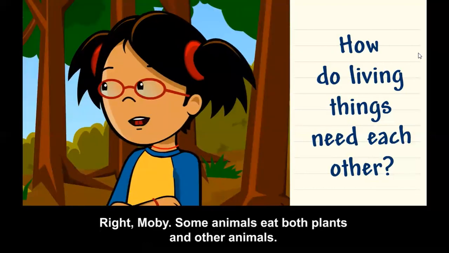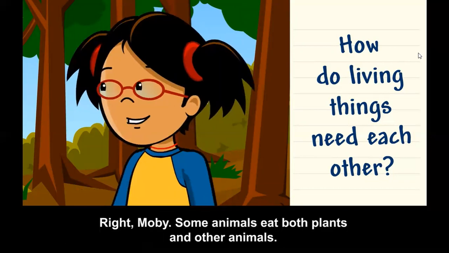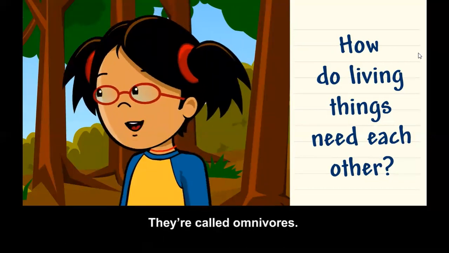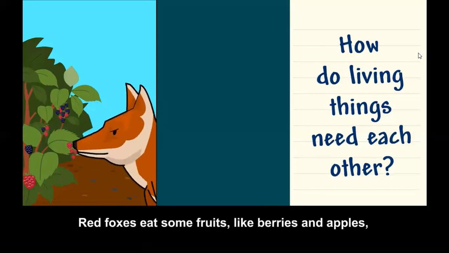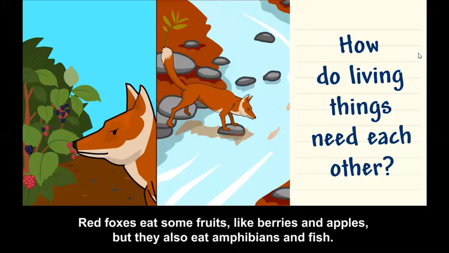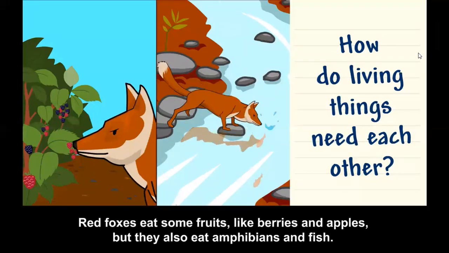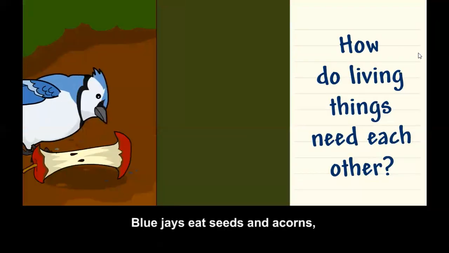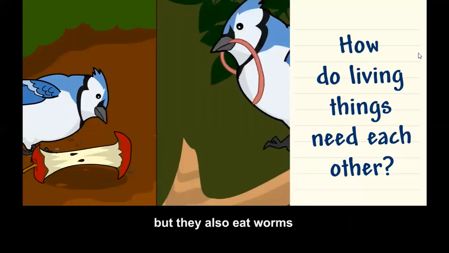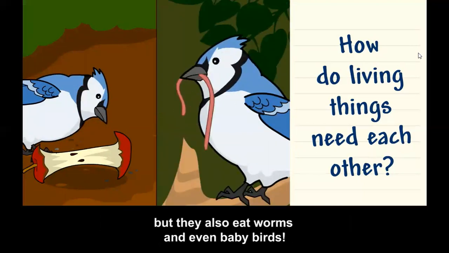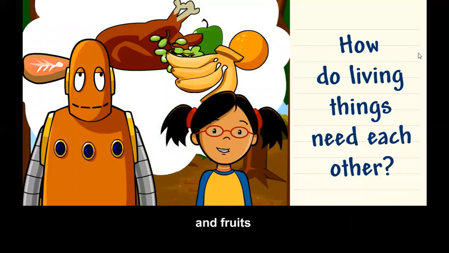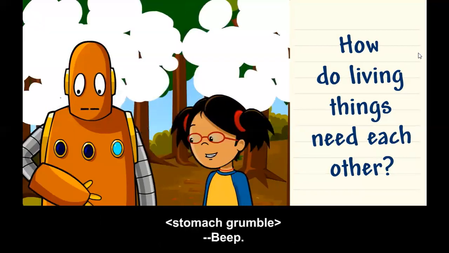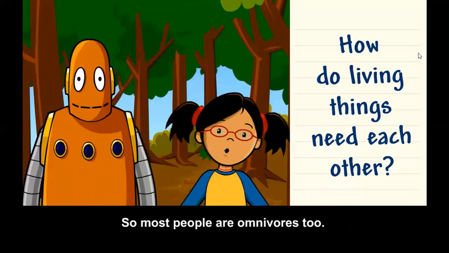Some animals eat both plants and other animals. They're called omnivores. Red foxes eat some fruits, like berries and apples, but they also eat amphibians and fish. Blue jays eat seeds and acorns, but they also eat worms and even baby birds. People can eat meat, fish, and fruits and vegetables. So most people are omnivores too.